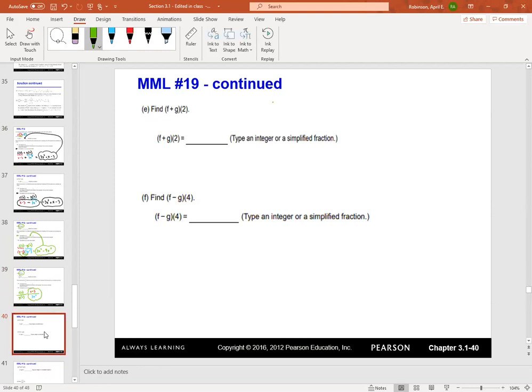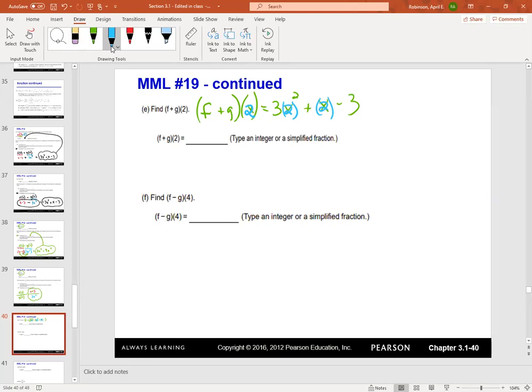So this is actually f plus g of x, and they want f plus g of 2. So wherever there's an x, you're going to be plugging in a 2.